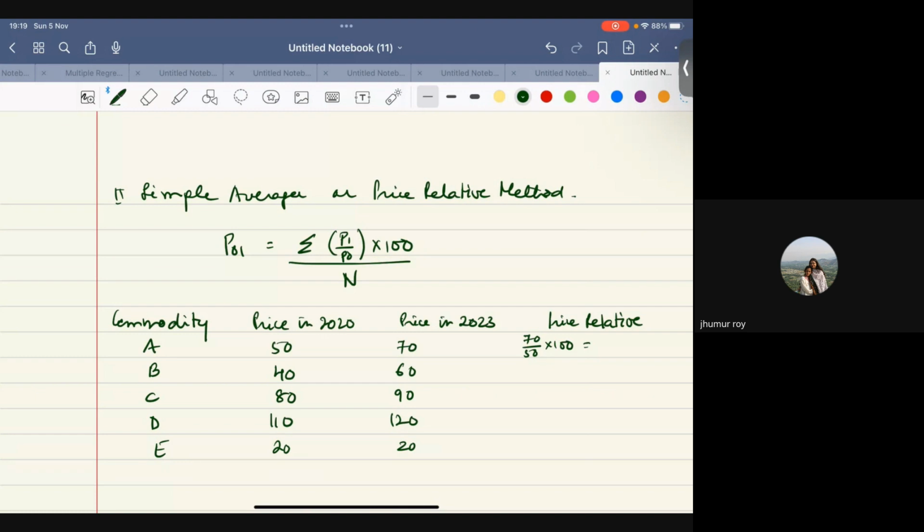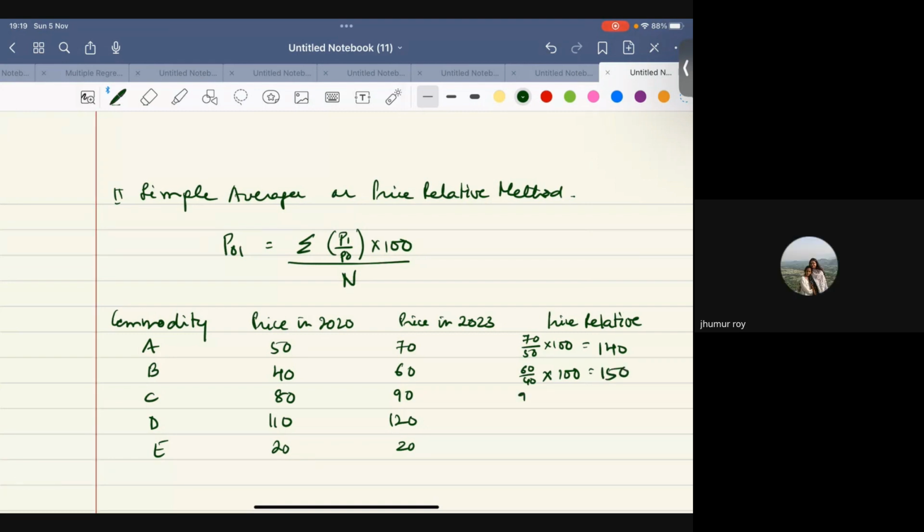What is the value? 140. Next one will be 60 by 40 multiplied by 100. 150.